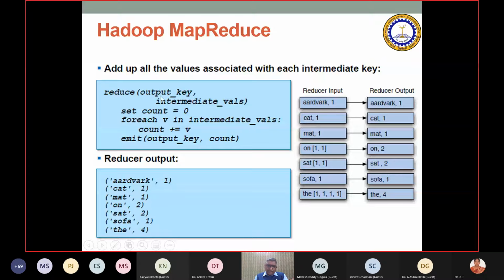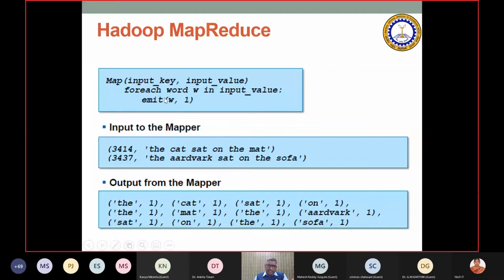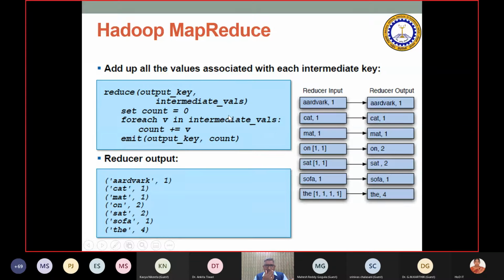Now there is something which has happened. What was the input here? The output is W, 1. But when I come here, it says output key and intermediate values. Now, we understand what the intermediate values are, but anyway, we'll look at the reduce program. The reduce program says set count equal to 0.